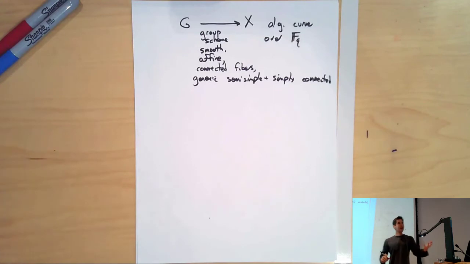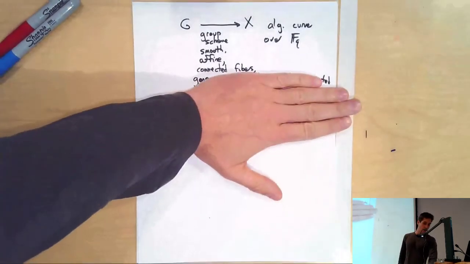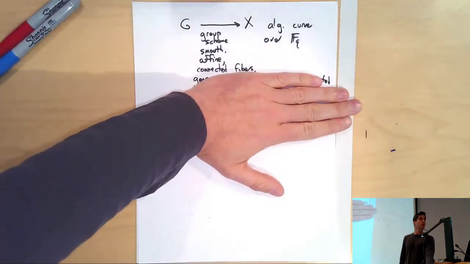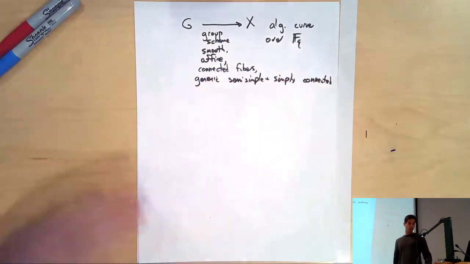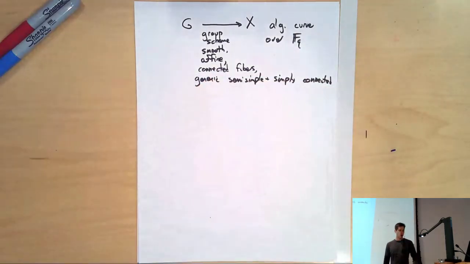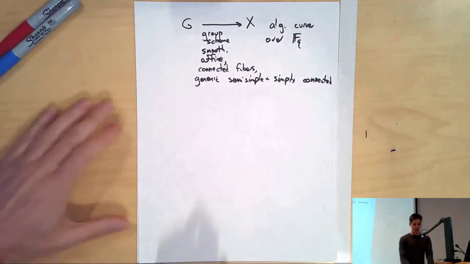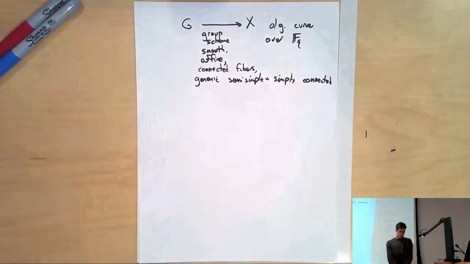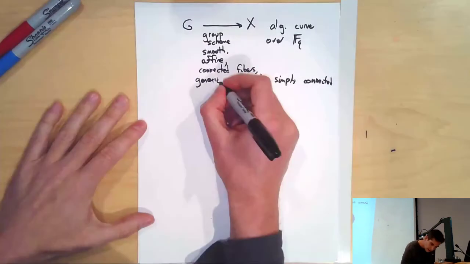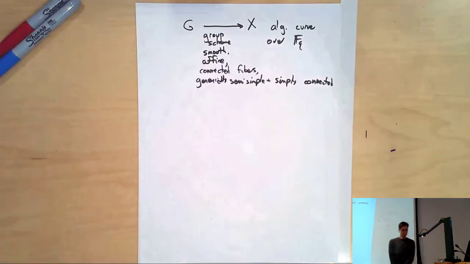Anyway, given any linear algebraic group defined over the generic fiber, you can always find an integral model of it which has these properties that I've listed here. And if you started with a group over the generic point which was semisimple and simply connected, then of course it will also satisfy this last condition.